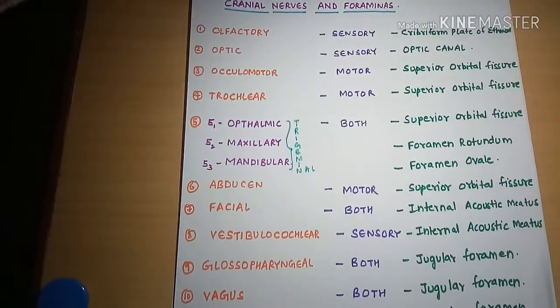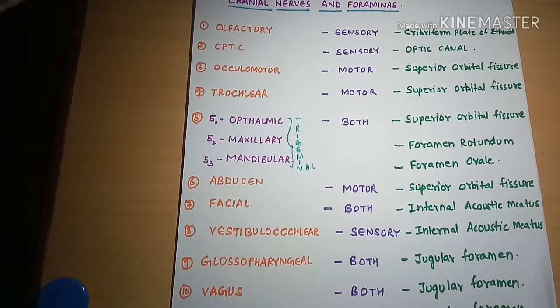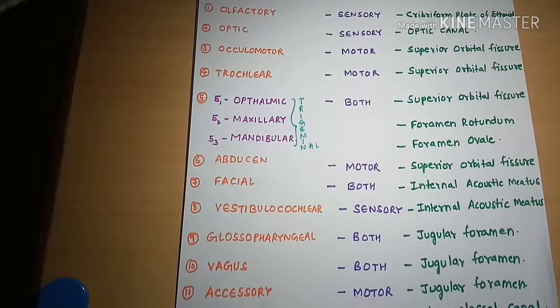The sixth cranial nerve is the abducens, seventh is the facial, eighth is the vestibulocochlear, ninth is the glossopharyngeal, 10th is the vagus, 11th is the accessory, and 12th is the hypoglossal nerve.